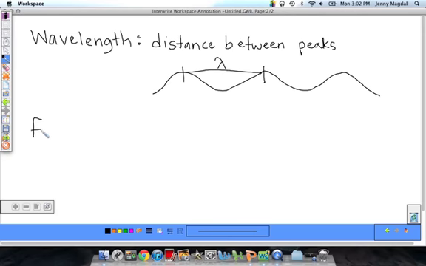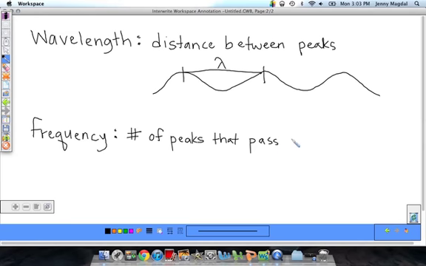Another word for us is frequency. And that we relate to the number of peaks that pass a position in a given time. With those definitions, let's look back at our last slide.